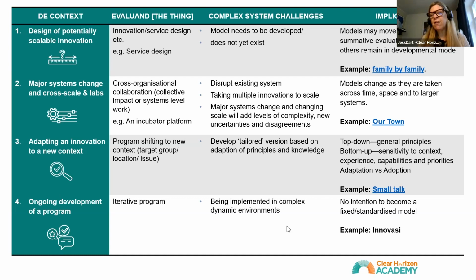An example of this, if you want to follow it up, is in Australia, Taxi, who Joni used to work with. They developed a service design called Family by Family, and they spent 6 months sitting with families to understand their issues and designed a program to help families who were at risk of children being taken away. So it's child protection, and they designed something with them, but it was from scratch.